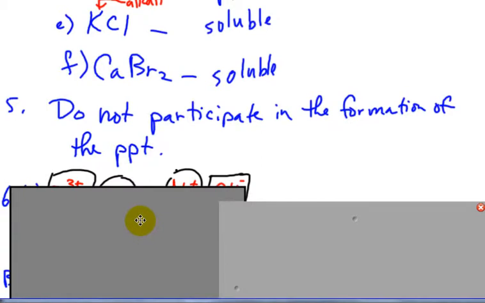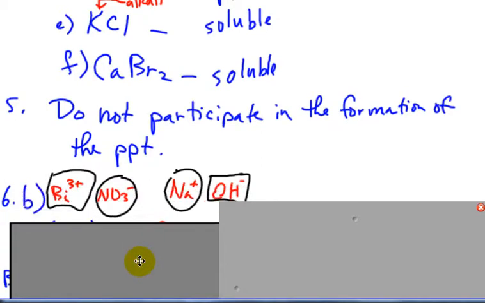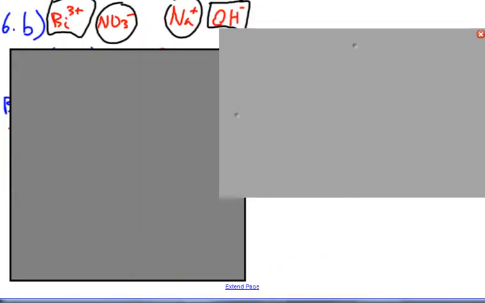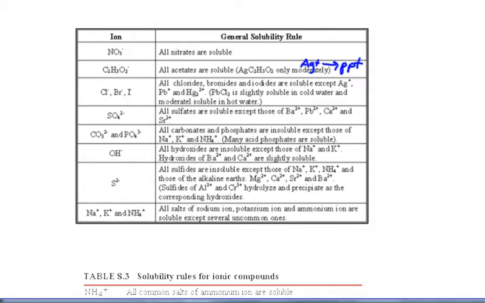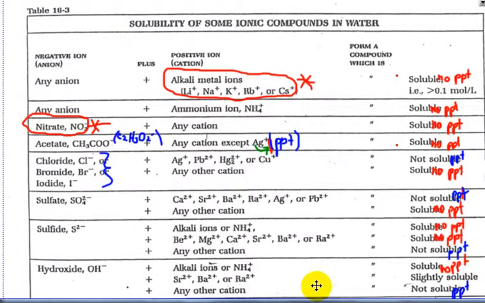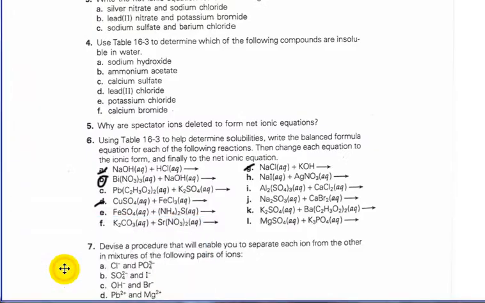Here we go. So the ions, again, your pink sheet there. Oh, I think I did the wrong one here. Bismuth nitrate is what I wanted. 6B, yeah, so I'm actually going to do 6B with you here. So bismuth nitrate, sodium hydroxide.